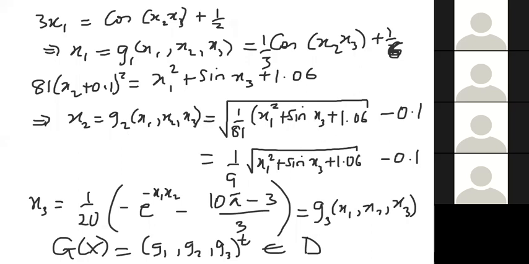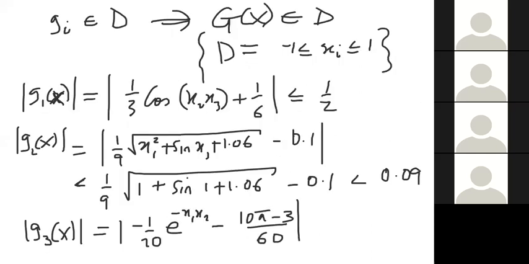So let me take you to this board now, and we'll be able to see that the negative will disappear when I take absolute values. So this will just be equal to what? The combination of x1 and x2, where x1 and x2 are in D from -1 to 1. Okay, so this will be maximum when x1 is -1 or x2 is +1.